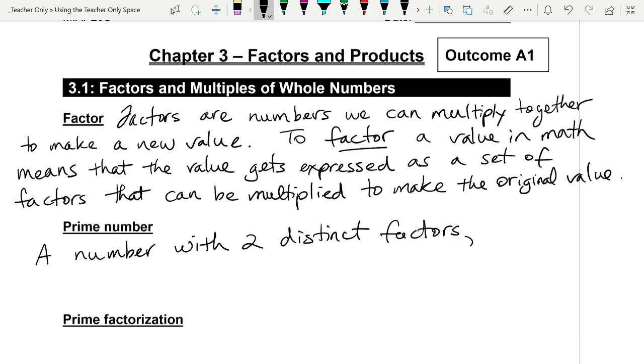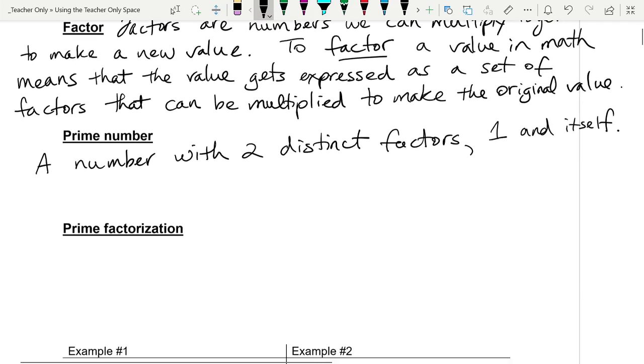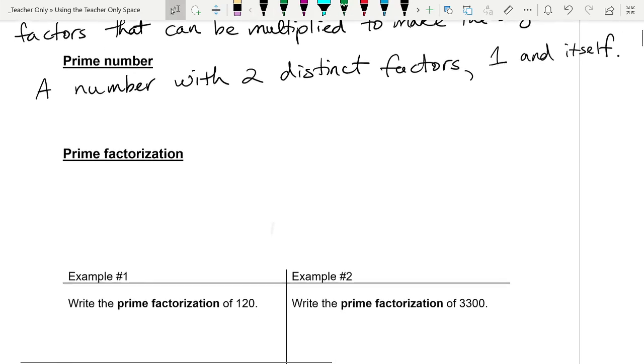2 is a prime number because 1 times 2 is 2. 3 is a prime number because 1 times 3 is 3. 4 is not a prime number because it's got an extra factor. It's got a 2 in it, right? So a prime is a number with two distinct factors, and those two factors are, of course, 1 and itself. And then, and this is what we played with in our game the other day, prime factorization.